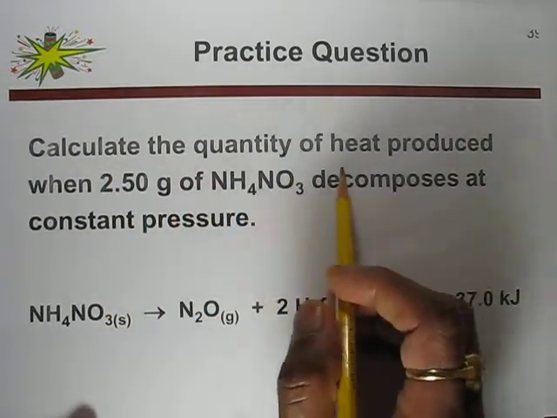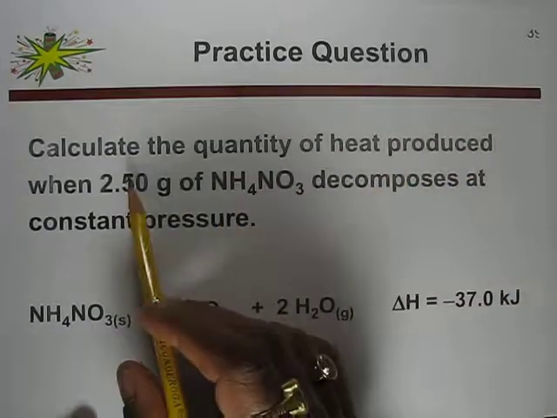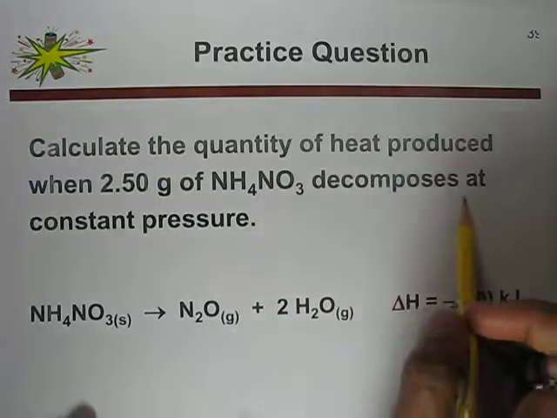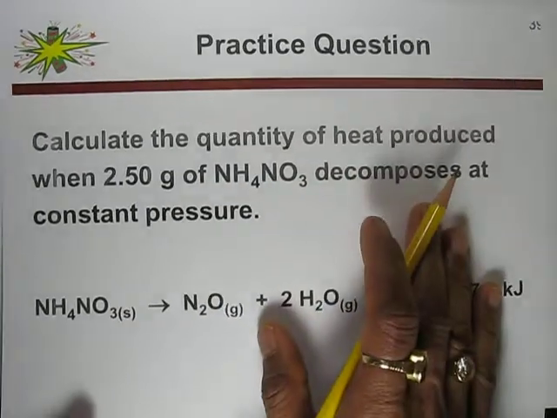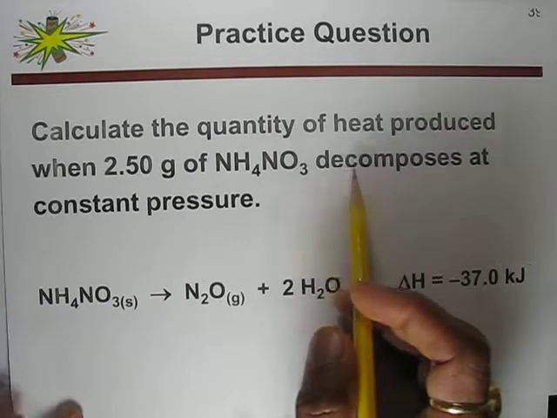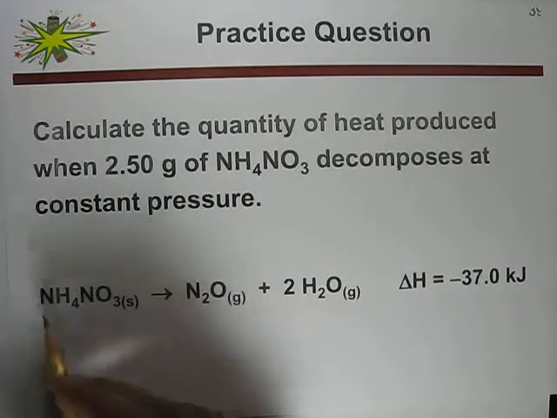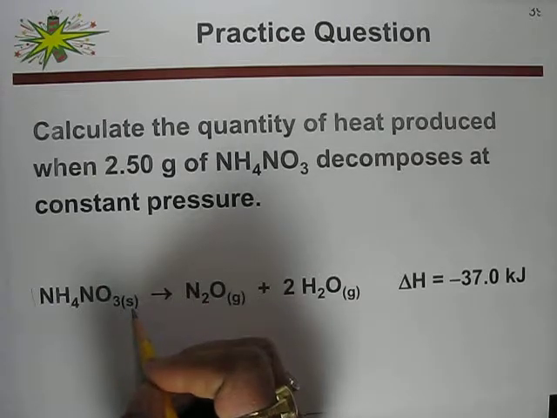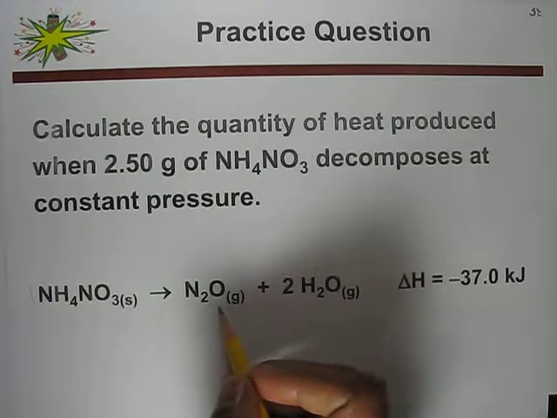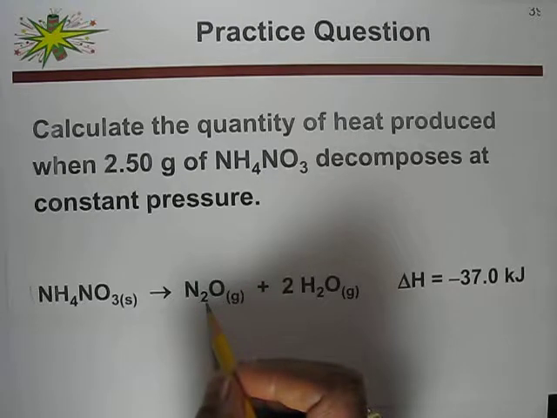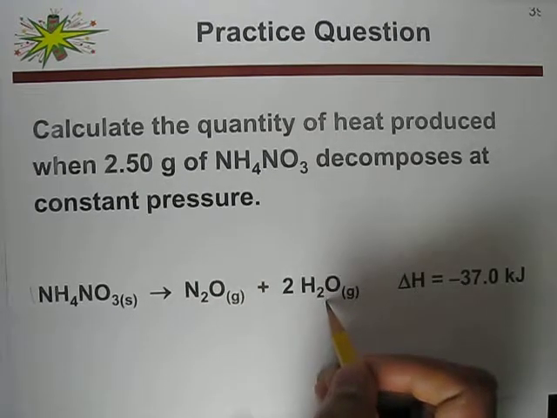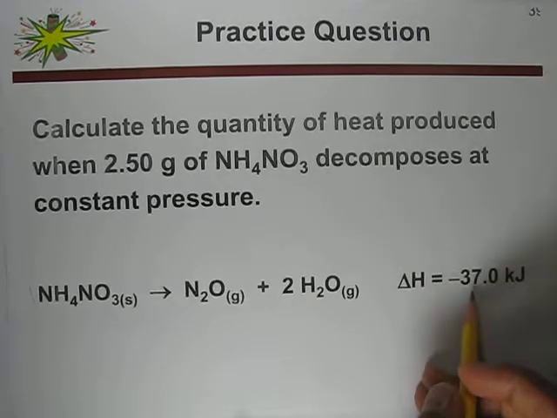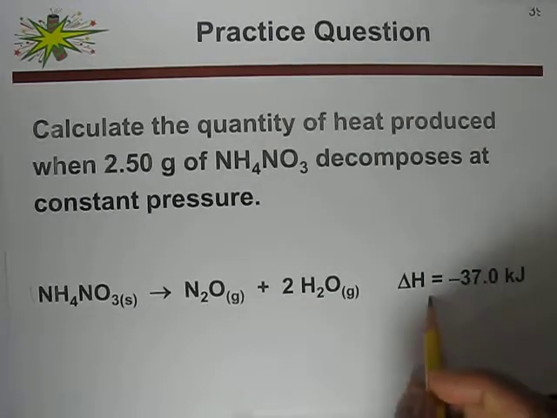Calculate the quantity of heat produced when 2.5 gram of ammonium nitrate decomposes at constant pressure. In this question you can see that 1 mole of ammonium nitrate solid, when it decomposes, produces 1 mole of N2O gas and 2 moles of water, and it produces minus 37 kilojoule of energy.